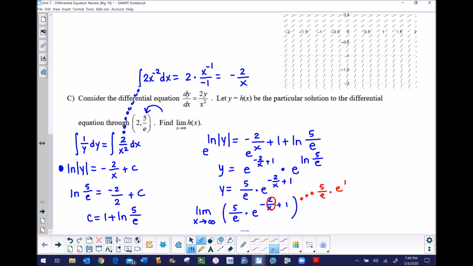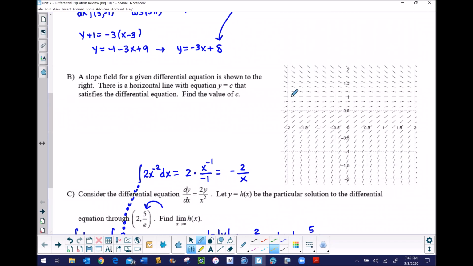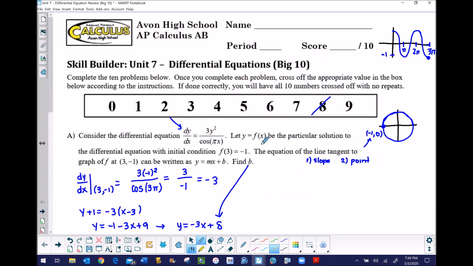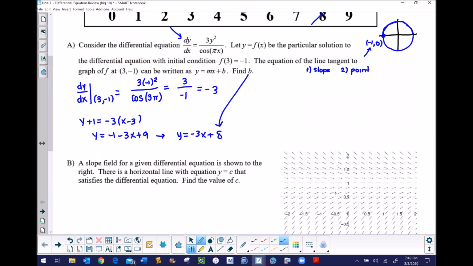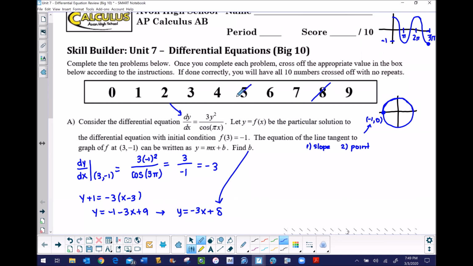I'm glad that these e's are going to disappear because we don't see too many e's in our box up here, do we? And of course, they cancel. And that is what allows us to call this answer a 5. I really like that problem. I like the fact that it can be finagled so that you can get a whole number between 0 and 9. Okay.